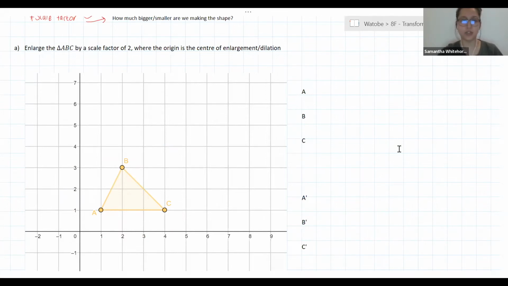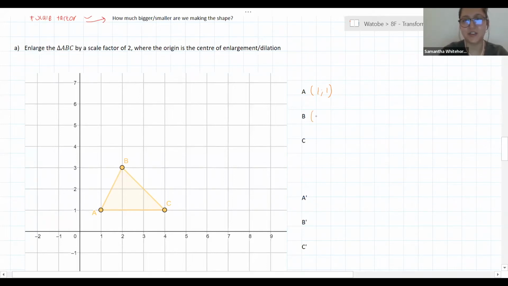Okay, Bontle, which one do you want to give me? Ma'am, I want to give A. Perfect, tell me. A is 1, 1. Excellent, thank you. So guys, the coordinates of A are 1, 1. Tiamo, do you want to give me B? Yes, ma'am. B is 2, 3.